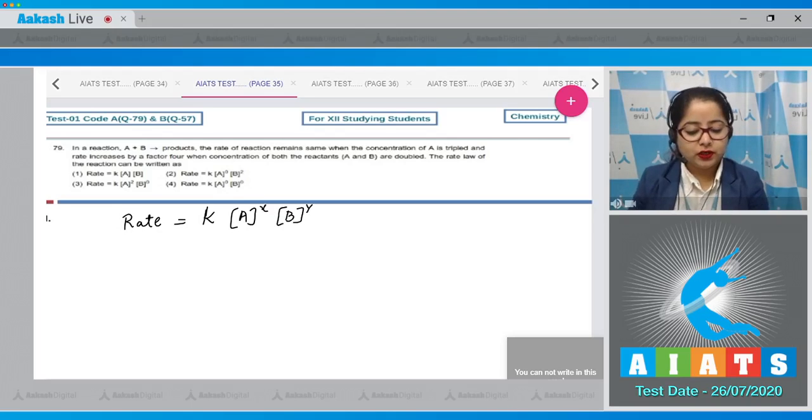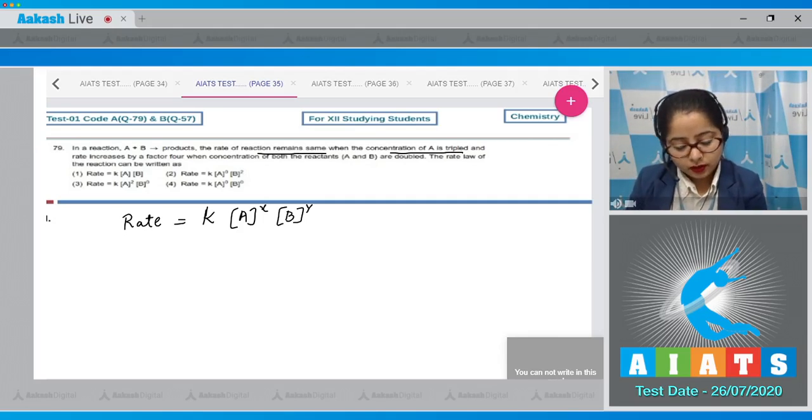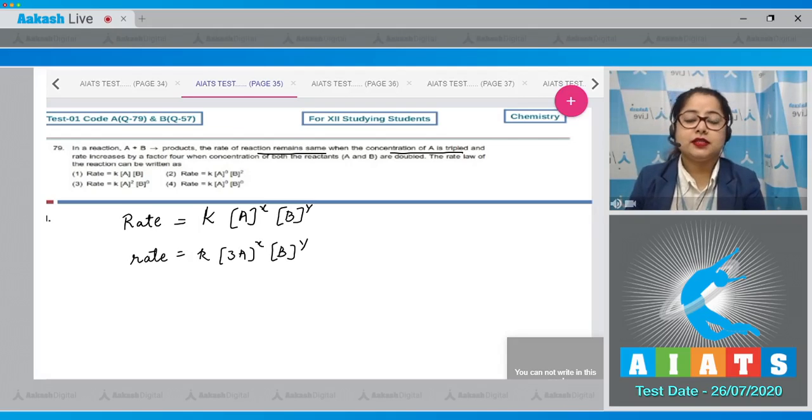In this question, we are given that the rate remains same when the concentration of A is tripled. That means, let's take it as rate is equal to K times 3A to the power X times B to the power Y. The rate remains same when the concentration of A is tripled. Now let's read the next statement. The rate increases by a factor of 4 when the concentration of both reactant A and B are doubled.